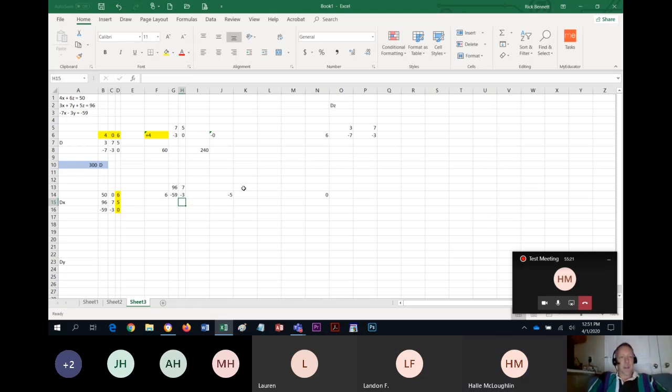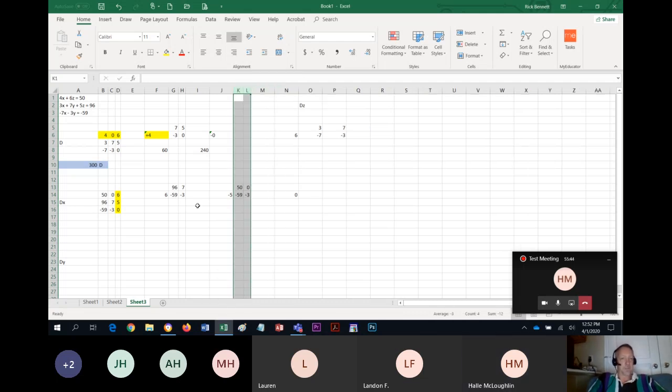And then on the 5, I'm going to block out the middle row, so I'm going to be left with 50, -59, 0, and -3. Okay, well done. And then the last one I don't care about because it's 0. Right. Okay.